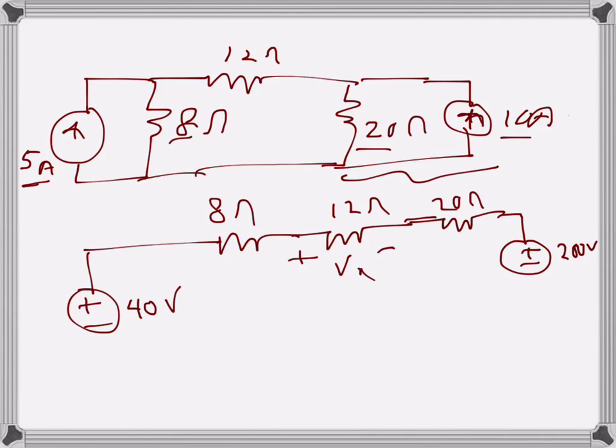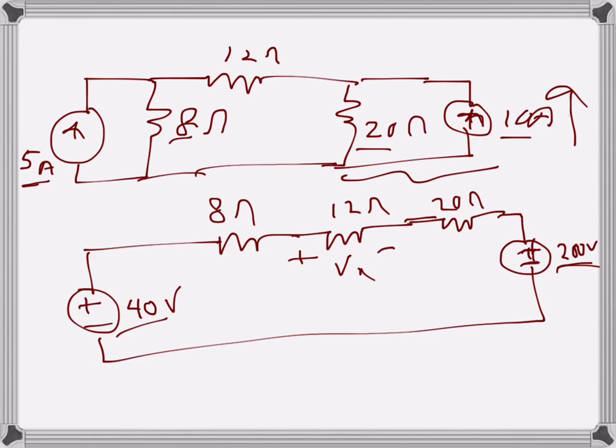The polarities follow the current source direction, like this current source drives in this direction, so the voltage polarity is like that. That's for the other ones too. So this one is a 200 volt source, and this is a 40 volt source.